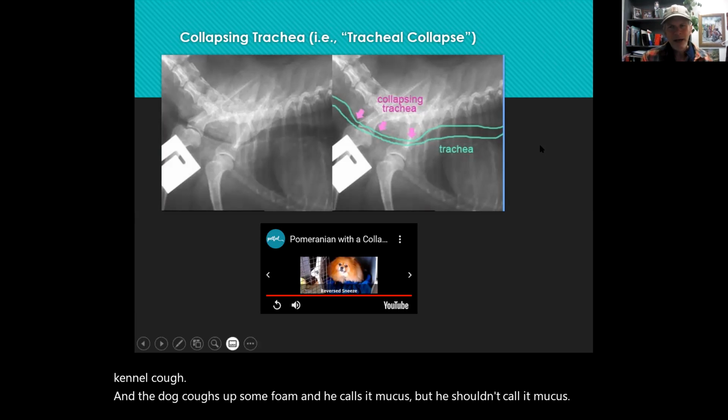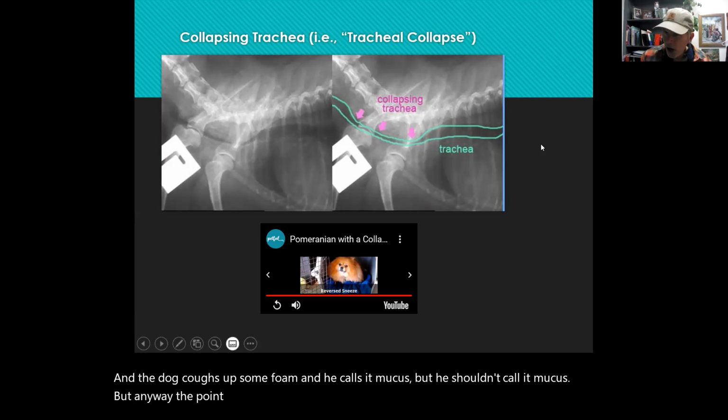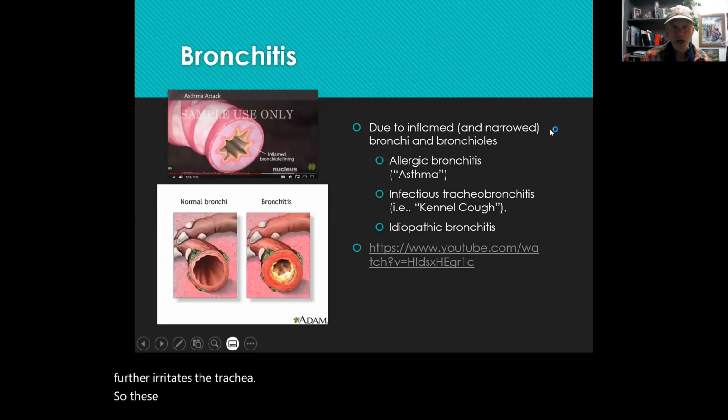But anyway, the point with this is all that coughing causes these rings to deteriorate, and it further irritates the trachea. So these poor little guys just cough more and more.